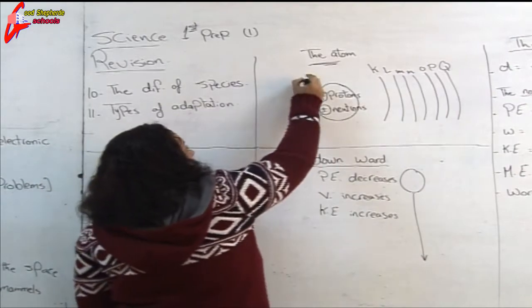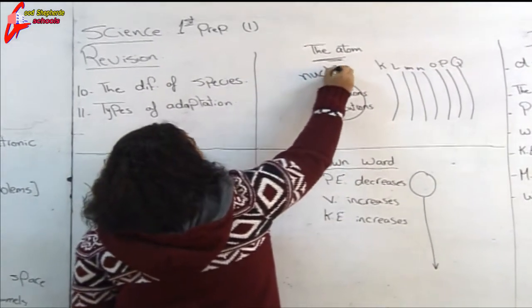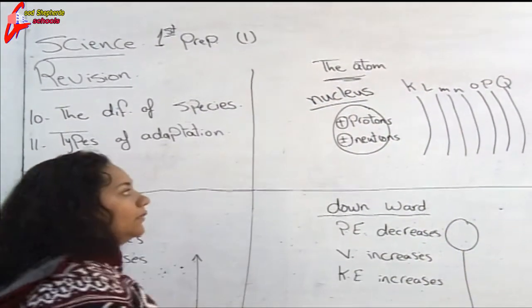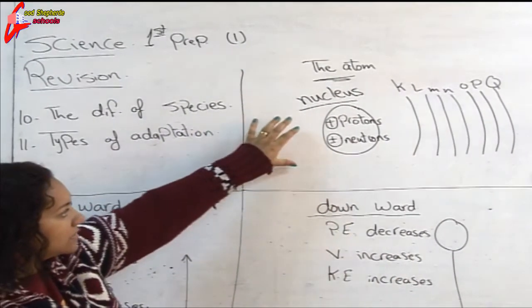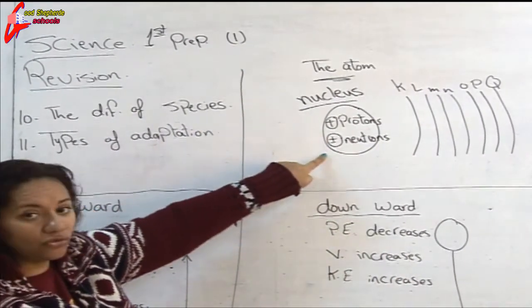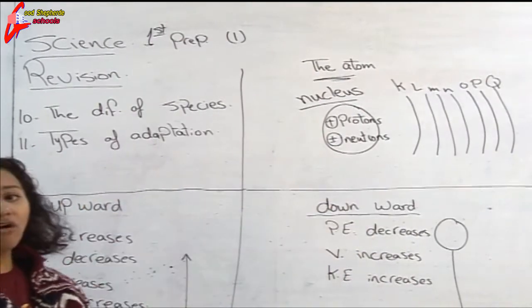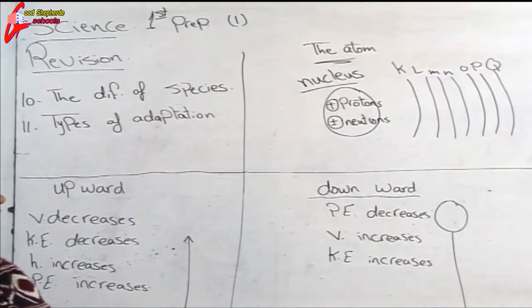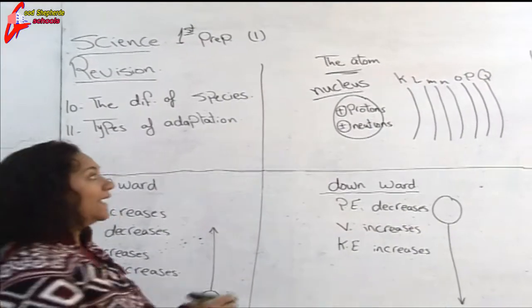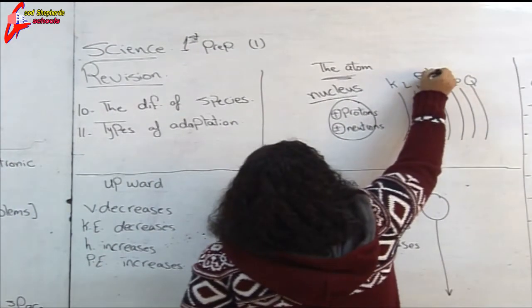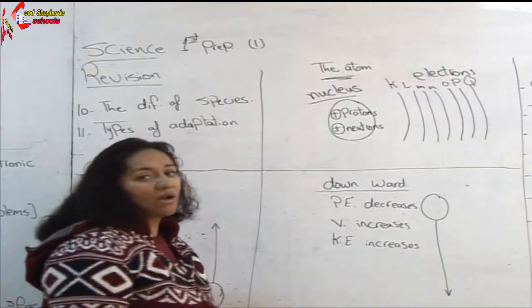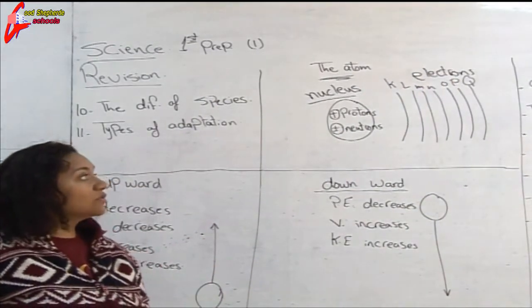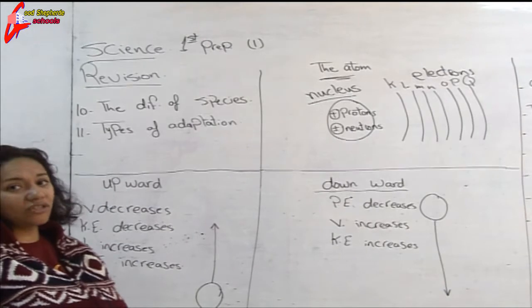So the atom consists of a nucleus, which consists of positive protons and neutral neutrons. And there are negatively charged particles called electrons. These electrons revolve in levels which are called energy levels.